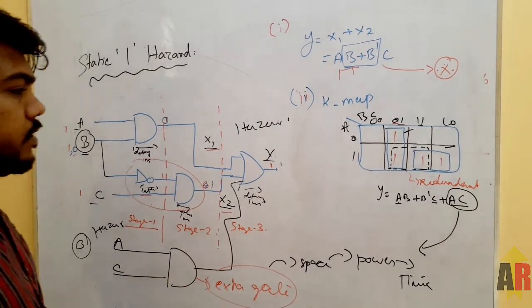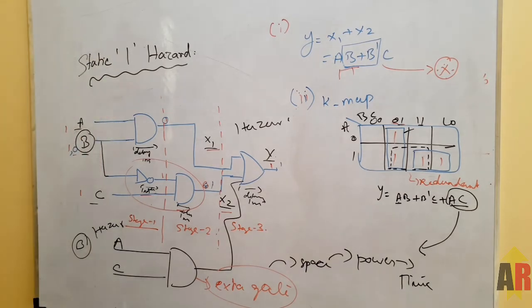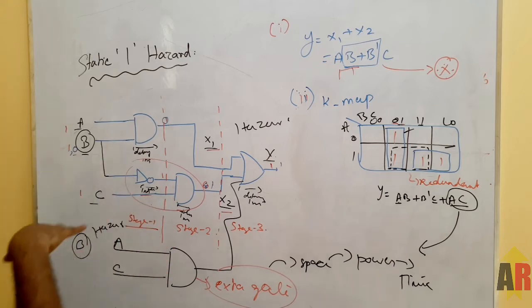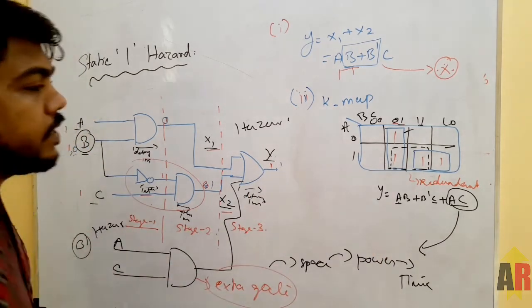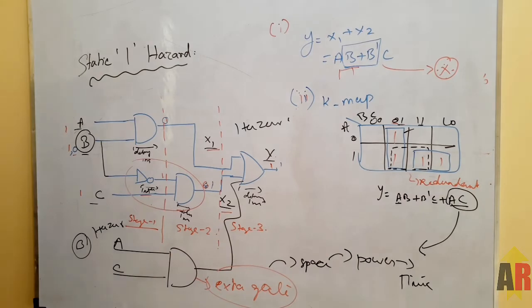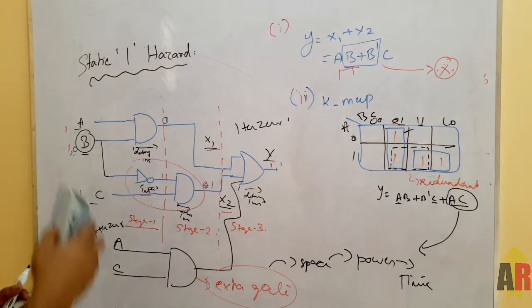adding this extra circuit. Okay, so this is how to find the static 1 hazard and how to eliminate it. This is the way you can eliminate the static 1 hazard. So I would like to map the static 0 hazard in the same manner over here.